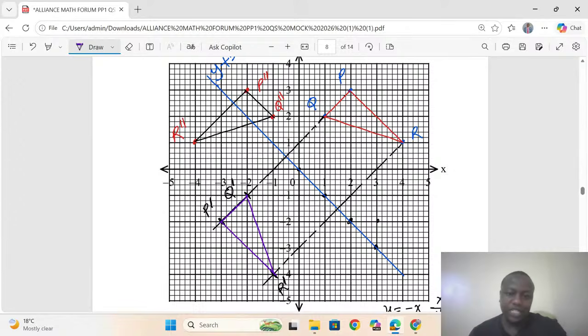So the first thing that you're supposed to do is to look, because you can see the figures are congruent. So it's not an enlargement.